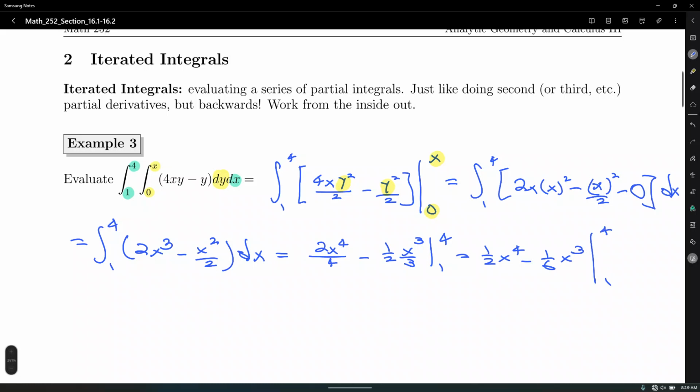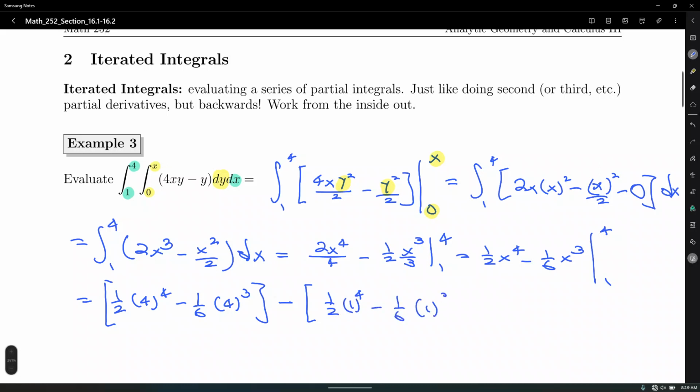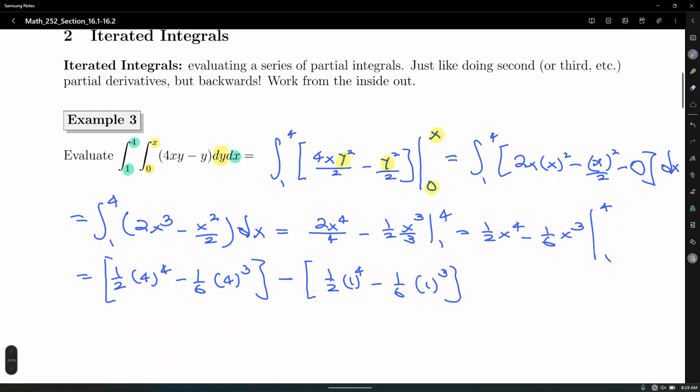Okay, and simplifying all this, upper limit minus lower limit, that's 1/2 4 to the 4th power minus 1/6 4 to the 3rd power. Okay, so that is the upper limit minus lower limit, which is 1/2 1 to the 4th power minus 1/6 1 to the 3rd power. So simplifying all this, well, 4 to the 4th power, so that's 16 squared over 2.